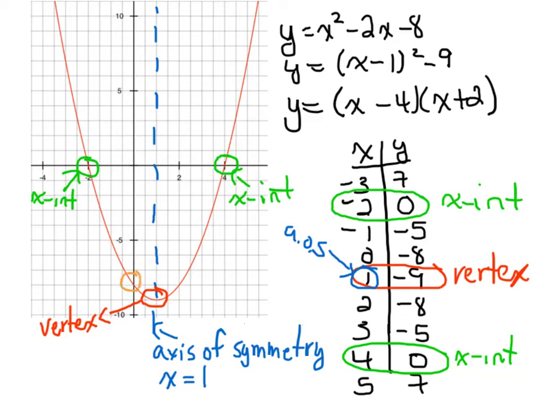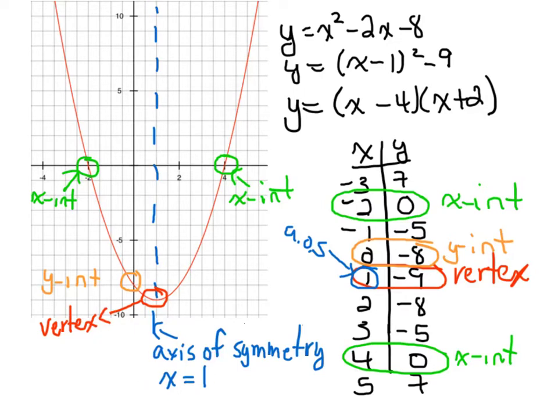So that is here. And that is when x is equal to 0. So if I go to the table of values and find where x is equal to 0, which is right here, then I know that this is where my y-intercept is. So I have the x-intercepts, the y-intercept, the vertex, the axis of symmetry and its equation.